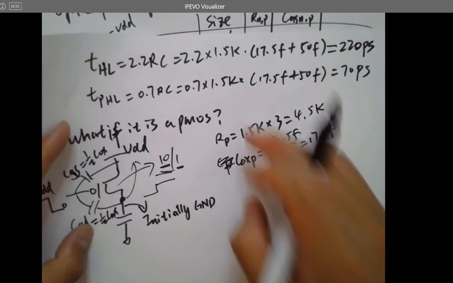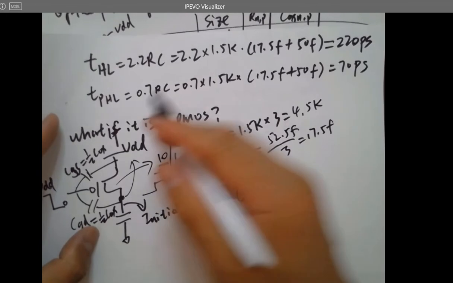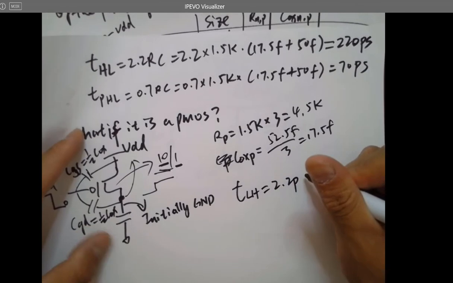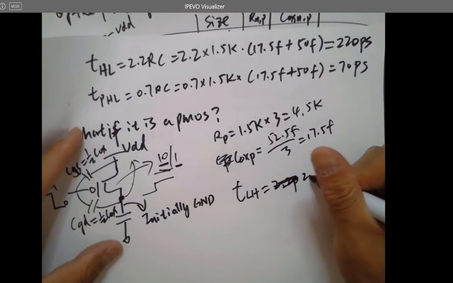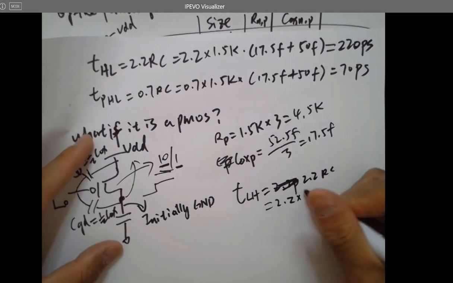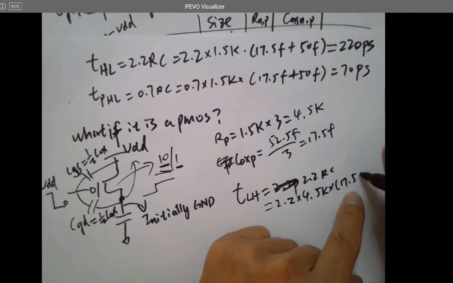Since we know these parameters, we just calculate. Because this is from low to high, it's TLH, which is 2.2 RC, which is 2.2 times 4.5K times 17.5 plus 50.